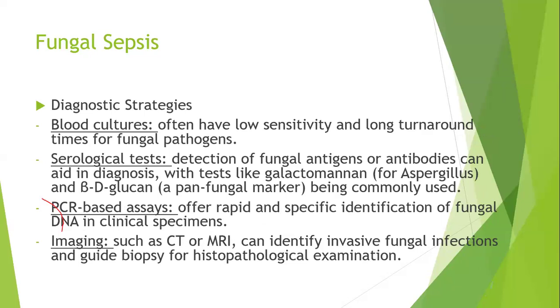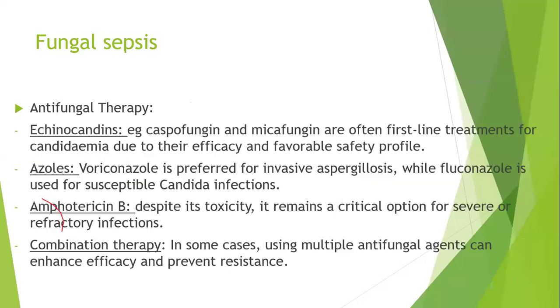So serology is the way to go, especially in detecting fungal sepsis. Polymerase chain reaction-based assays offer rapid and specific identification, and sometimes imaging techniques may be used to identify invasive fungal infections and guide biopsy for histopathological exams.